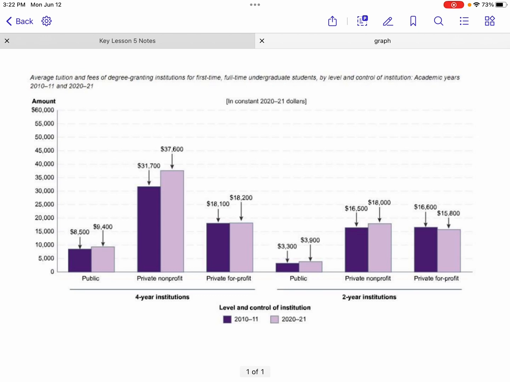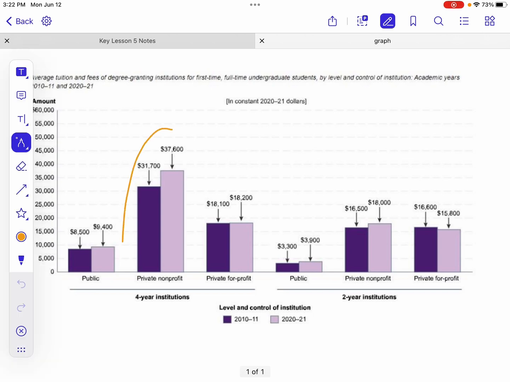You'll notice the dark purple bars represent the year 2010, while the light purple bars are 2020, 2021. The thing about looking at a data chart like this is you might immediately go, ooh, look how high that private nonprofit is, and the gap between the two tuitions seems huge, so that must be a huge change.